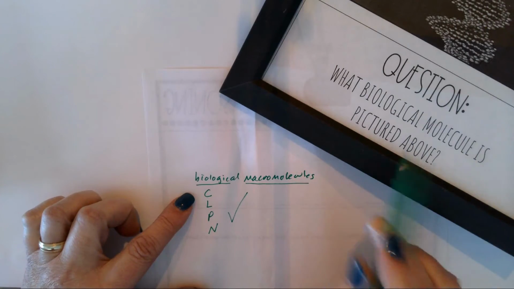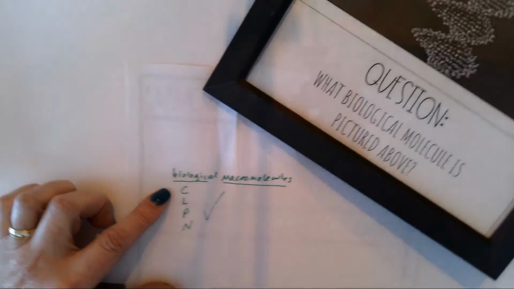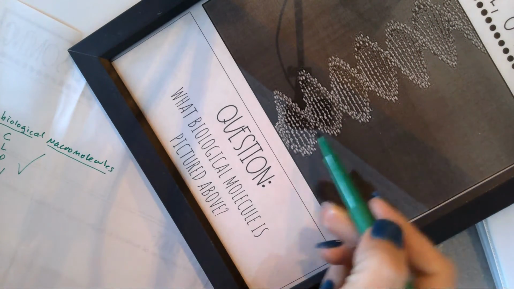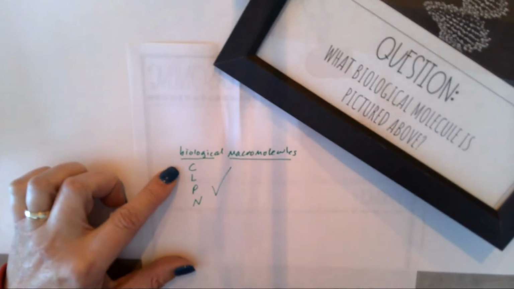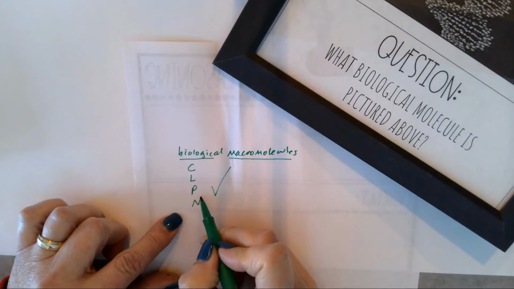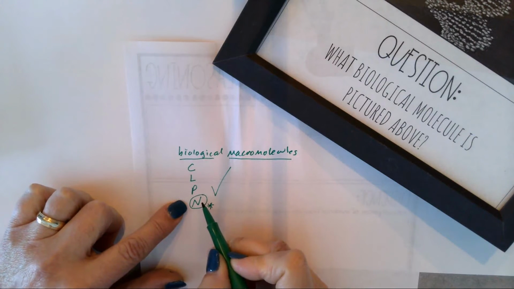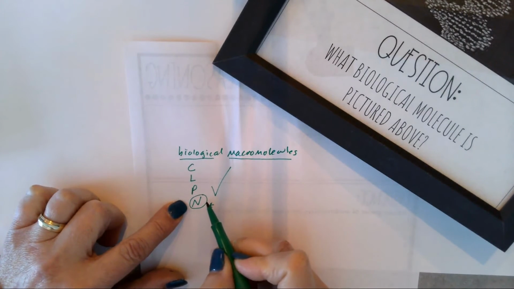And now we want to figure out which of those macromolecules that we listed is this one. So hopefully you're thinking, oh, it looks like DNA. So DNA is actually a type of nucleic acid. So we're going to focus on this macromolecule now.